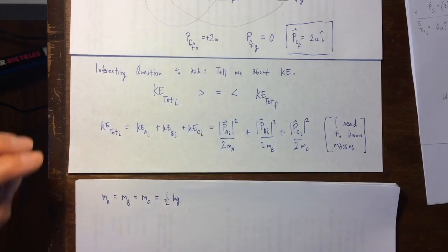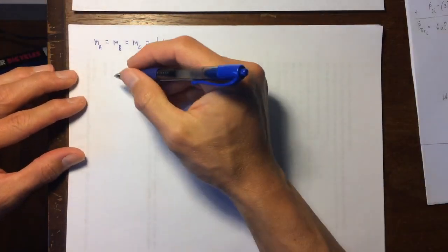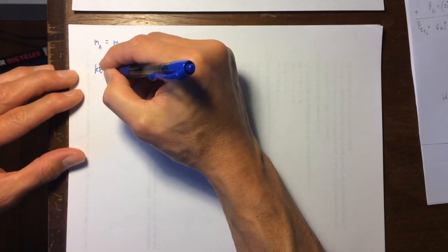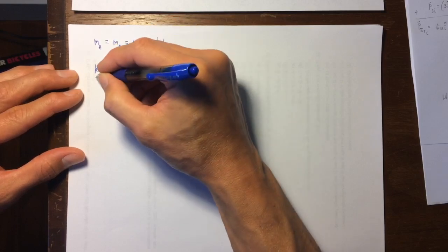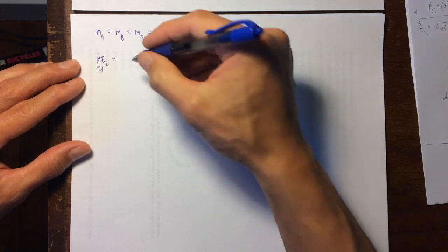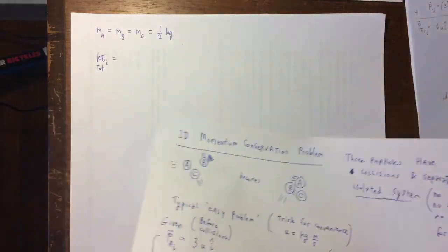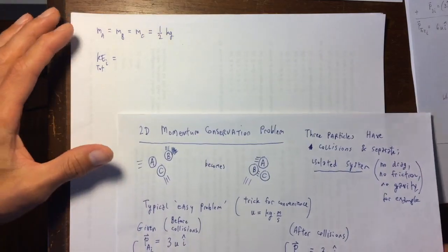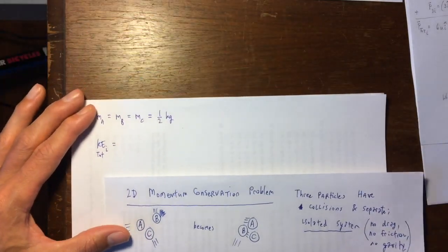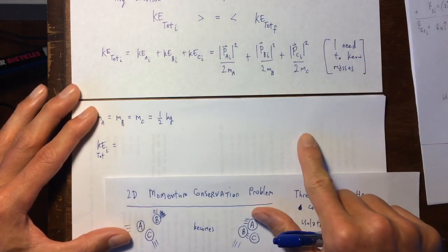So let's do that. So now, let me put this out of the way. So the kinetic energy initial total is equal to, it's hard to keep track of the multiple pieces of paper, but you can see what I have to calculate.